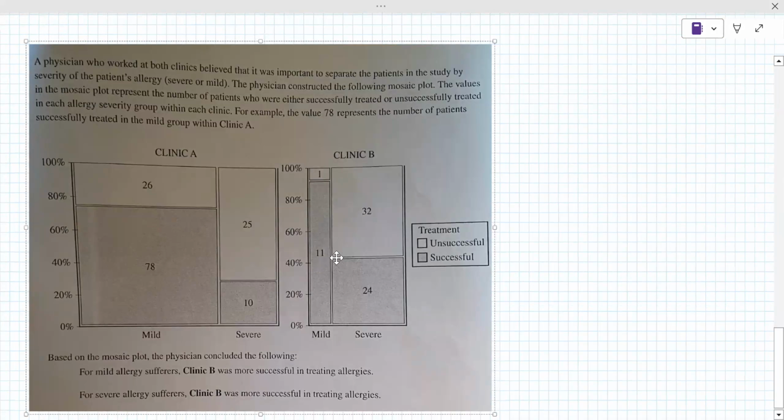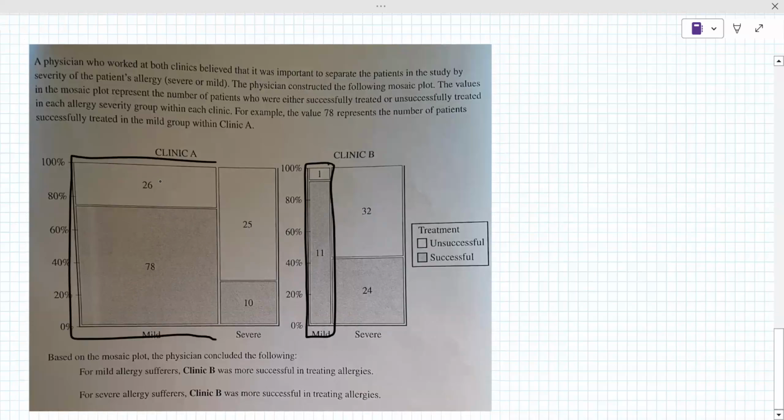Okay. Based on the mosaic plot, the physician concluded the following: for mild allergy sufferers, clinic B was better. So he's saying that because there was 11 out of 12 in clinic B versus 78 out of 104 in clinic A. Basically, it's comparing these two right here.